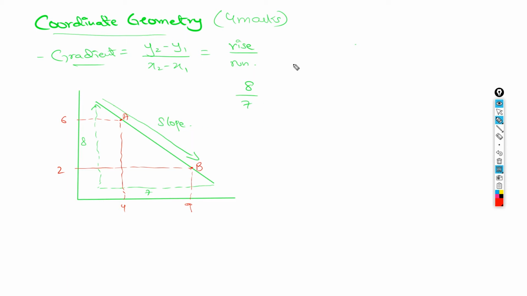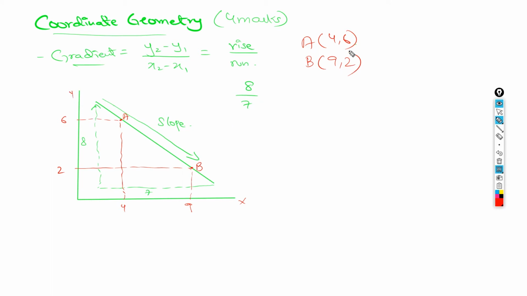Let's take this as a coordinate, and this as b coordinate. So a coordinate is given to you as 4 and 6, notice x axis, y axis, and b coordinate is given to you as 9 and 2, notice x axis and y axis respectively.